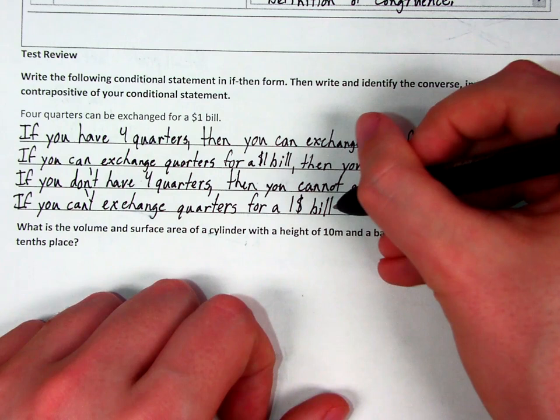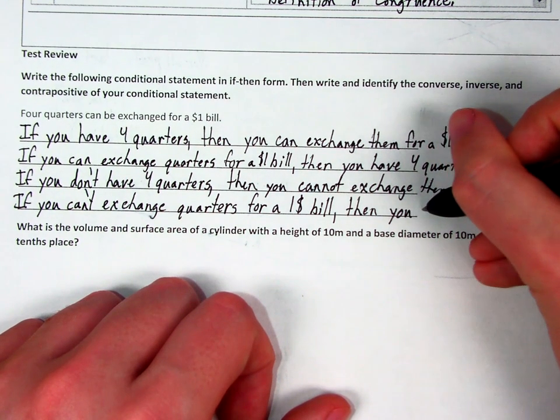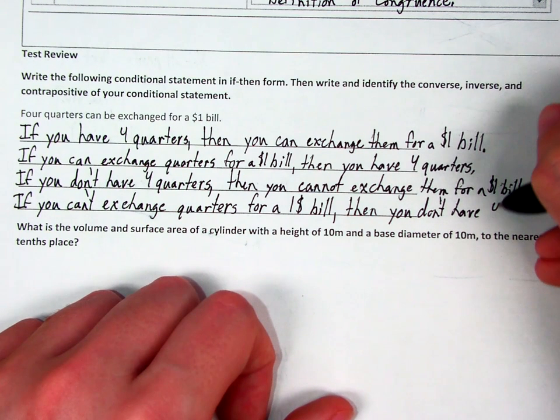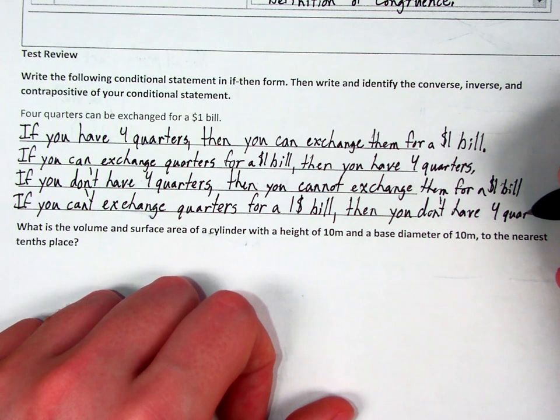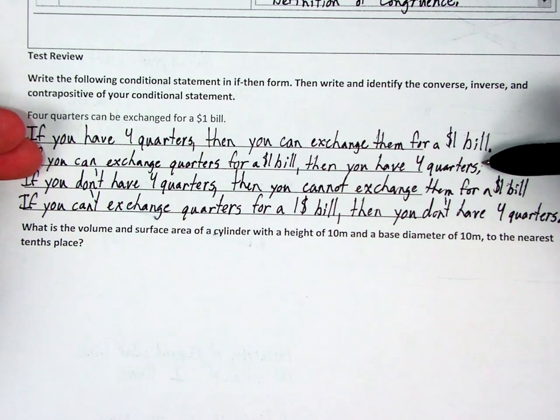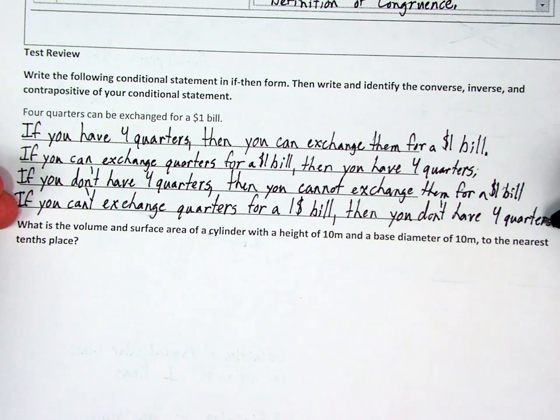Then you don't have 4 quarters. All right. Conditional statement, converse, inverse, contrapositive.